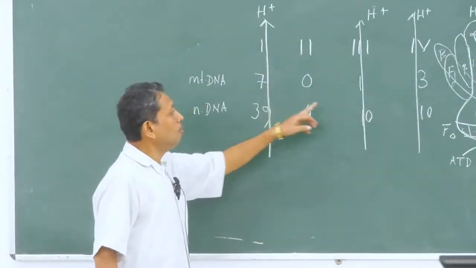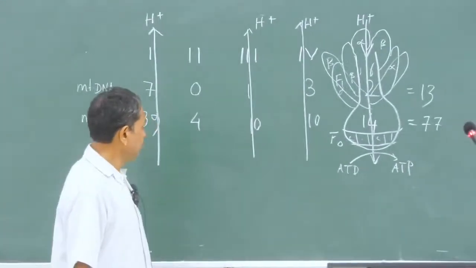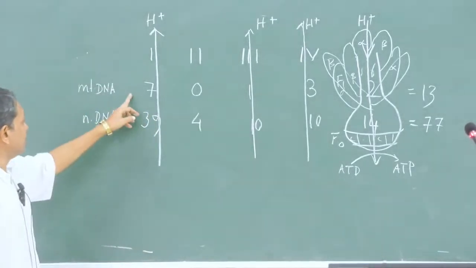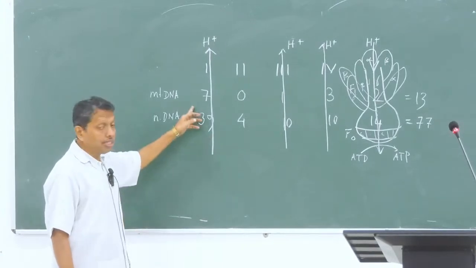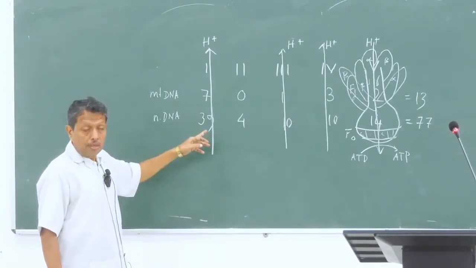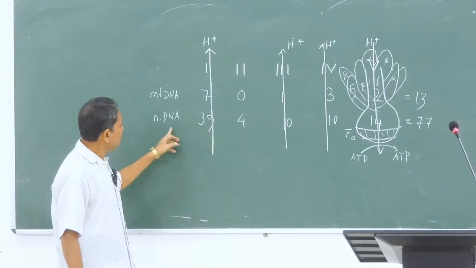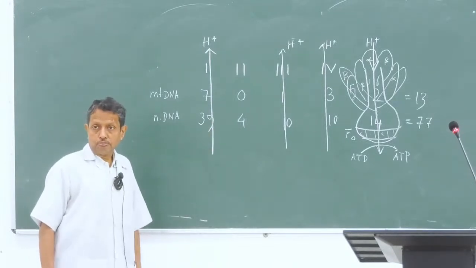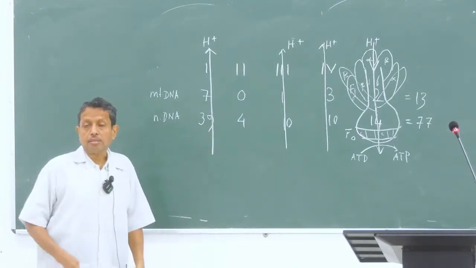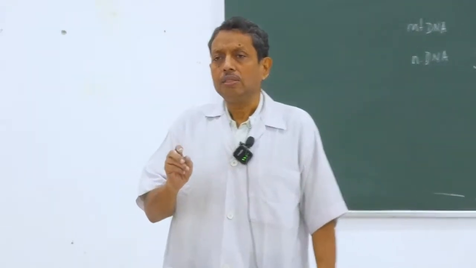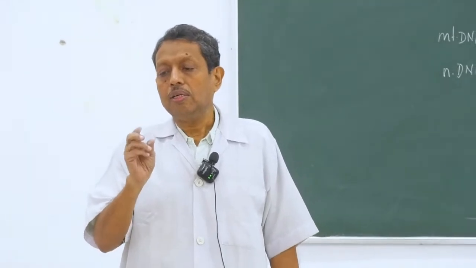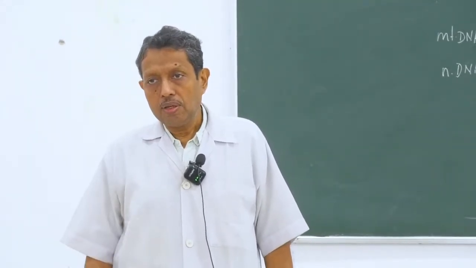There is 7, 13, and the remaining are produced by mitochondrial DNA. Information from the mitochondrial DNA. And these are from the nuclear DNA that is produced. Clear? Important point is that the sperm head contains no mitochondria.